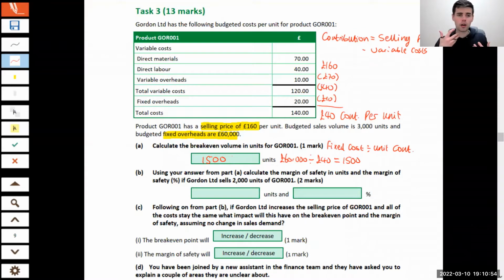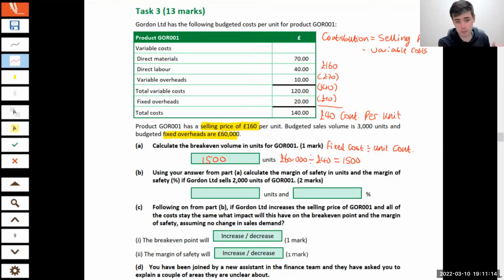Brilliant. Now, those of you that have done short-term decision making before, you'll probably be pretty familiar with how these questions tend to work. If we figured out one part, it's more than likely that we will use the information we've just worked out in one question to answer another formula. There's quite a strong interrelationship, isn't there?